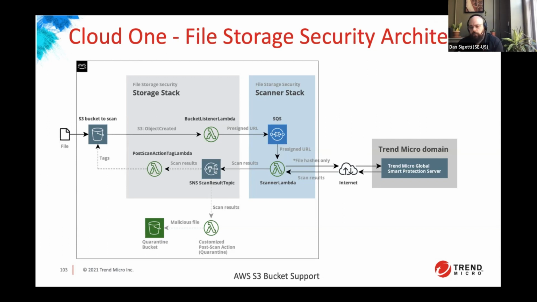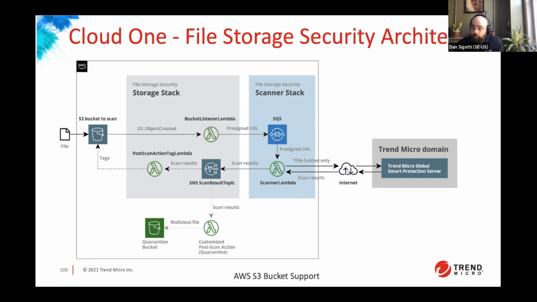So in a maybe legacy perspective, what we used to do here is we would have a VM, right? And we would either make sure that the object gets dropped onto the VM so that it gets scanned, or another process using an application that's running on that VM. Either way, it was definitely more siloed, right? Now, what we can do with SQS is spin up compute for each individual file that gets dropped inside of that S3 bucket.